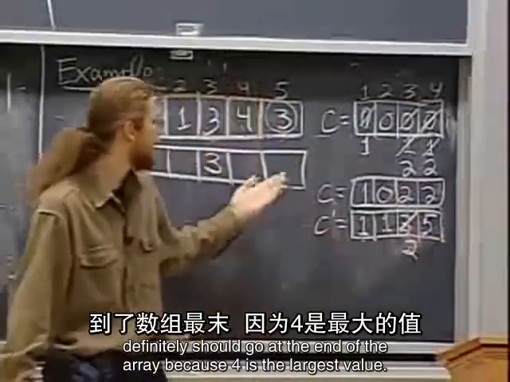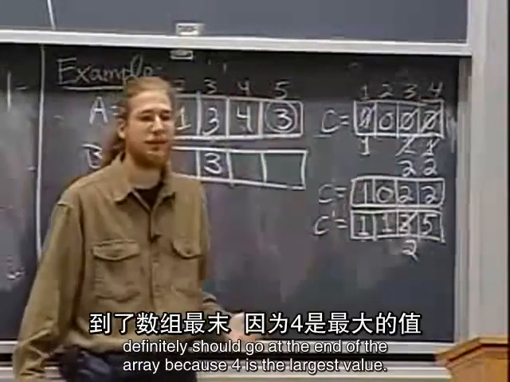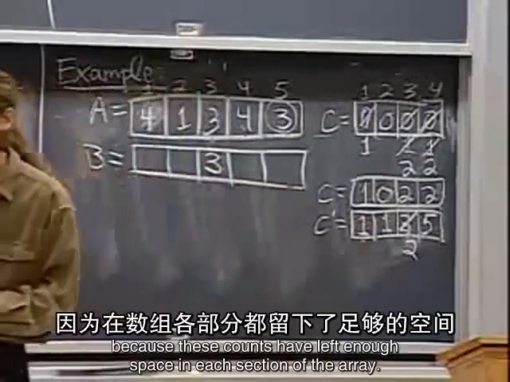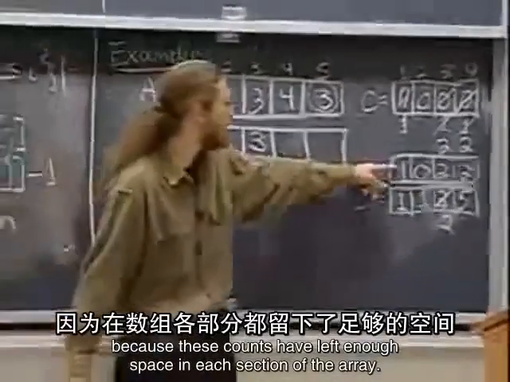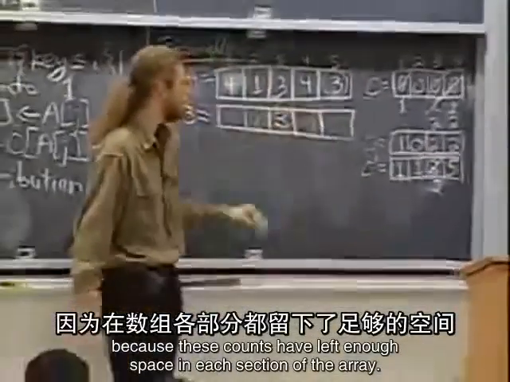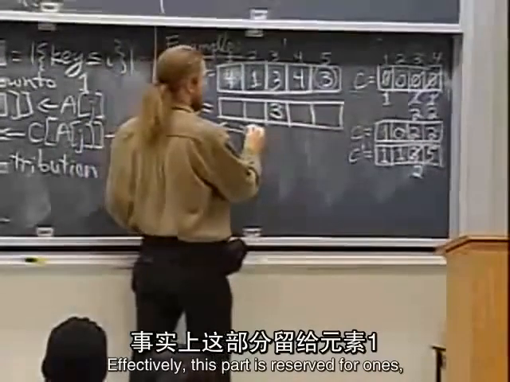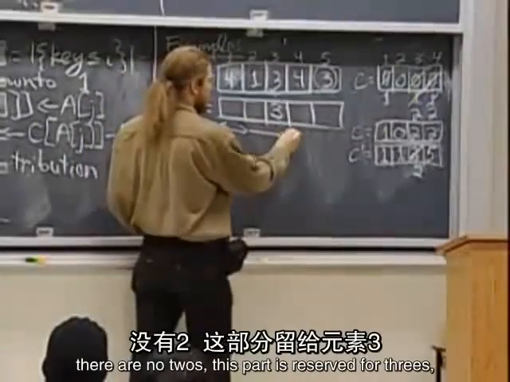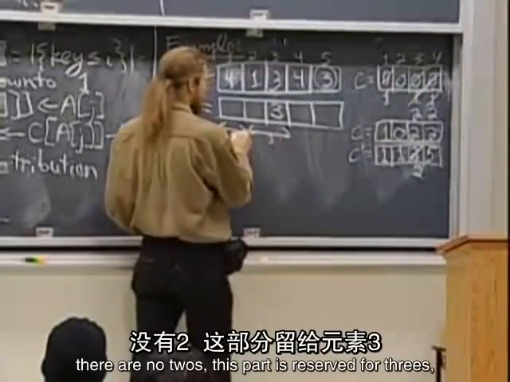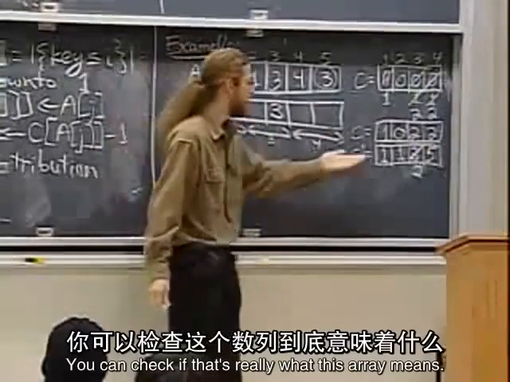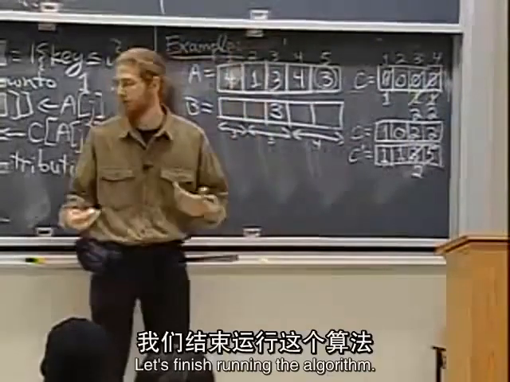Definitely should go at the end of the array, because 4 is the largest value. And this counter will work out perfectly, because we've left enough space. These counts have left enough space in each section of the array. So effectively, this part is reserved for 1s. There's no 2s. This part is reserved for 3s. And this part is reserved for 4s. You can check if that's really what this array means. Let's finish running the algorithm.